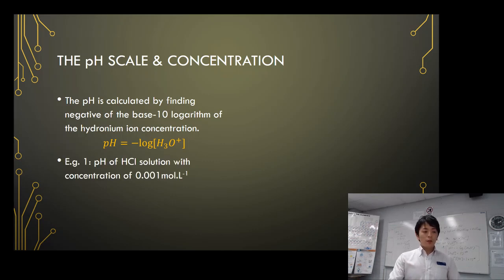So for example, if you had an HCl solution which happens to have 0.001 molar as its concentration, then you can plug that number into the formula, negative log, and then put the number in. Then you would get pH equals 3.